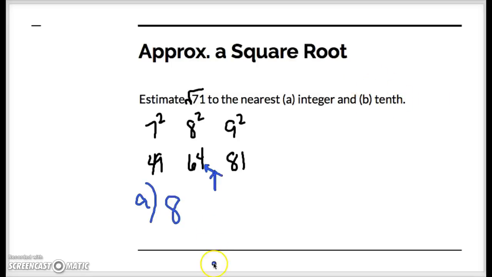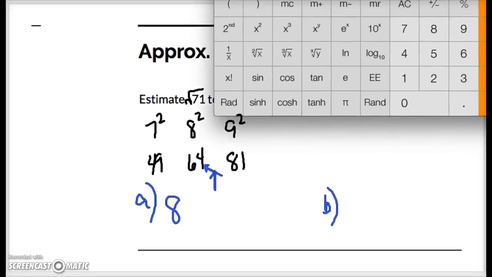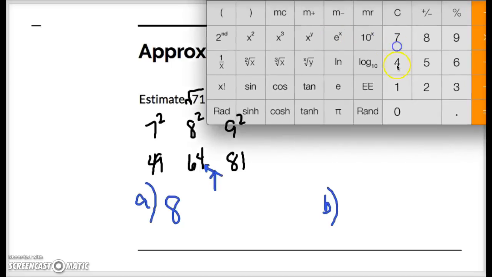Now, if I estimate this to the nearest tenth, we already know it's closer to 8, so it's got to be between 8 and probably about 8.5. If you pull up your calculator here, and I'm going to take 71 and take the square root of that.